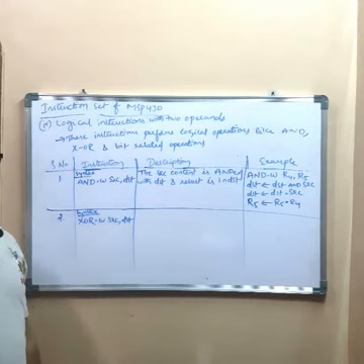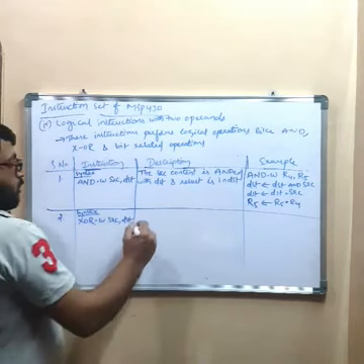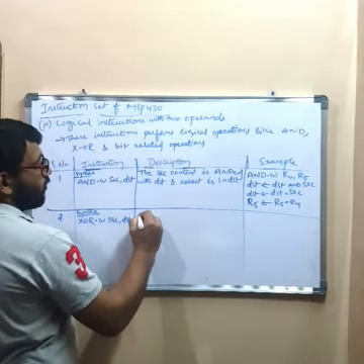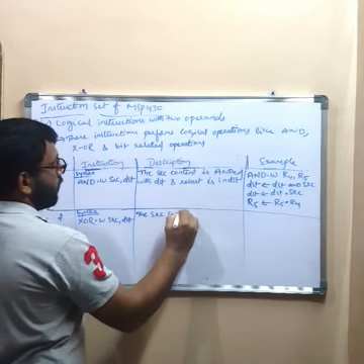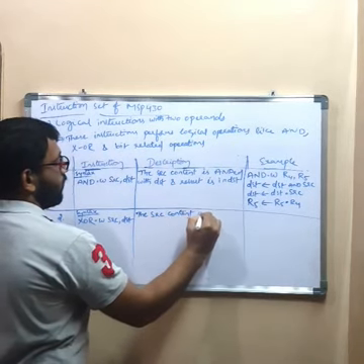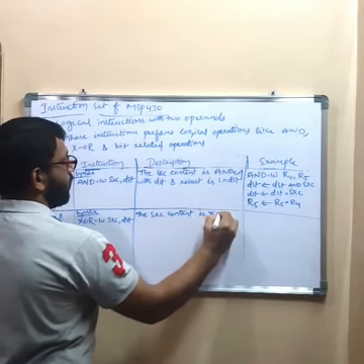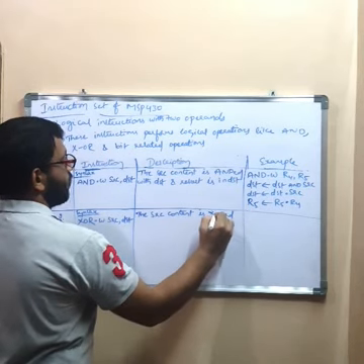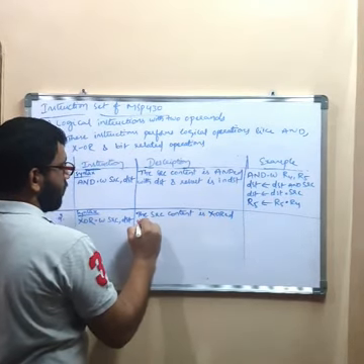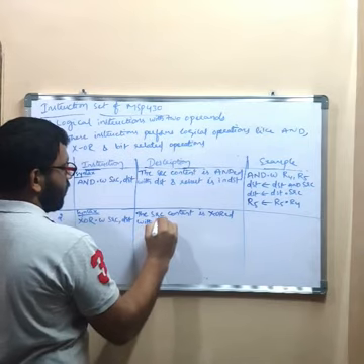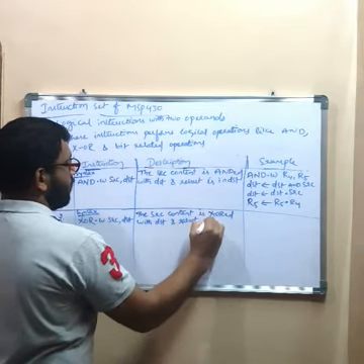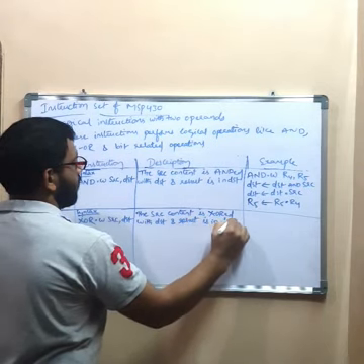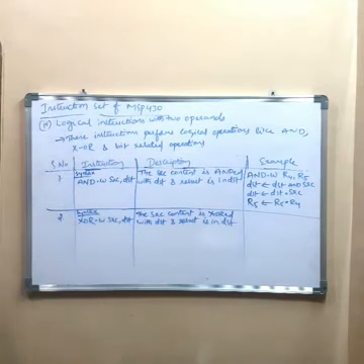XOR gate is also called an inequality detector, right? The source content is XORed with destination and result is in destination.